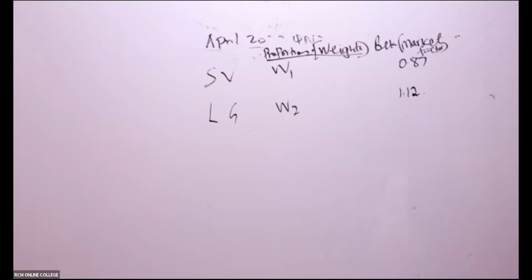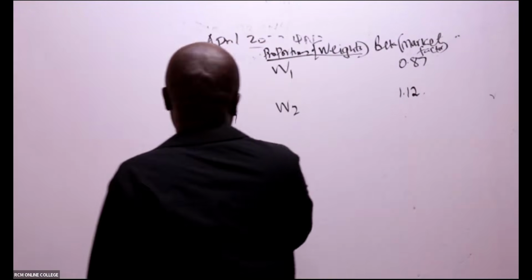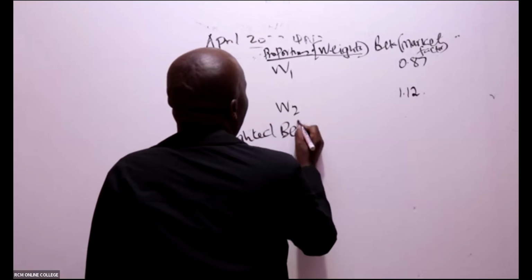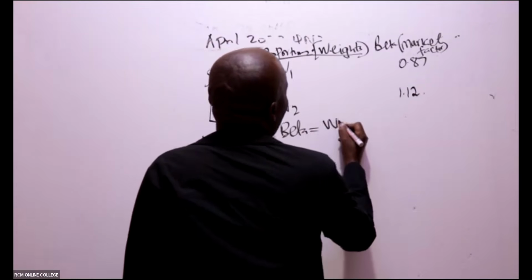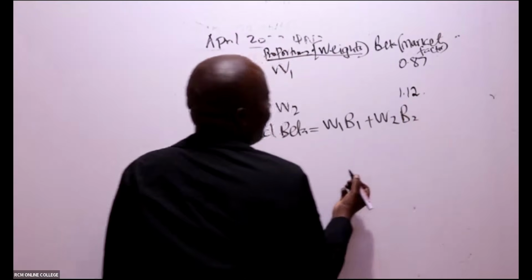So then form two equations. Here, we can't see covariance. When you're not able to see covariance, ladies and gentlemen, they want you to form the two equations. So give me the weighted beta. How do we get weighted beta? You take weight 1 times beta 1, plus weight 2 times beta 2.